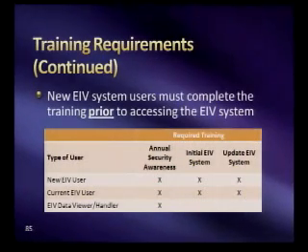If you're an EIV data viewer or handler, all you have to do is take the annual security awareness training. However, if your agency is proactive in doing staff development and upward mobility programs, you may want to encourage that individual to take initial and updated EIV system training as well, so that they can learn something new and perhaps progress within your agency.